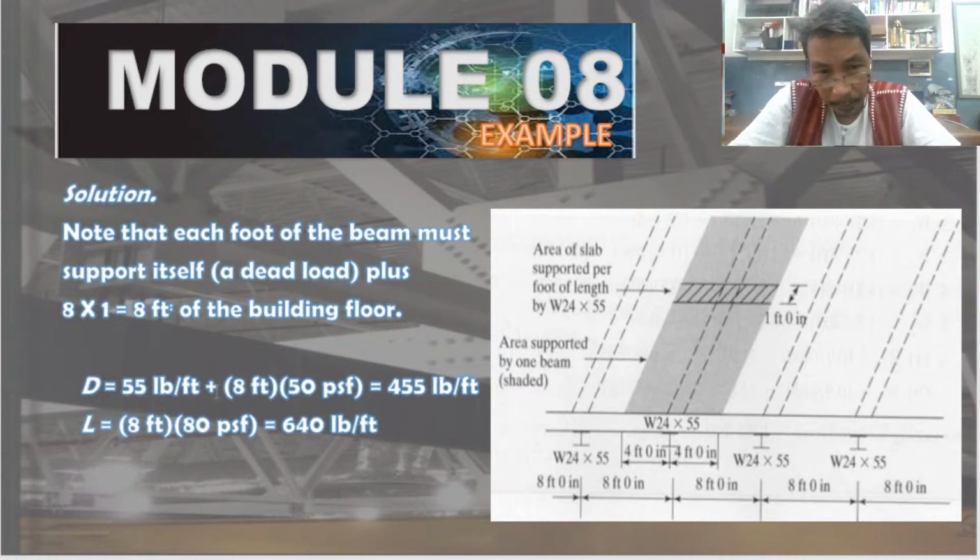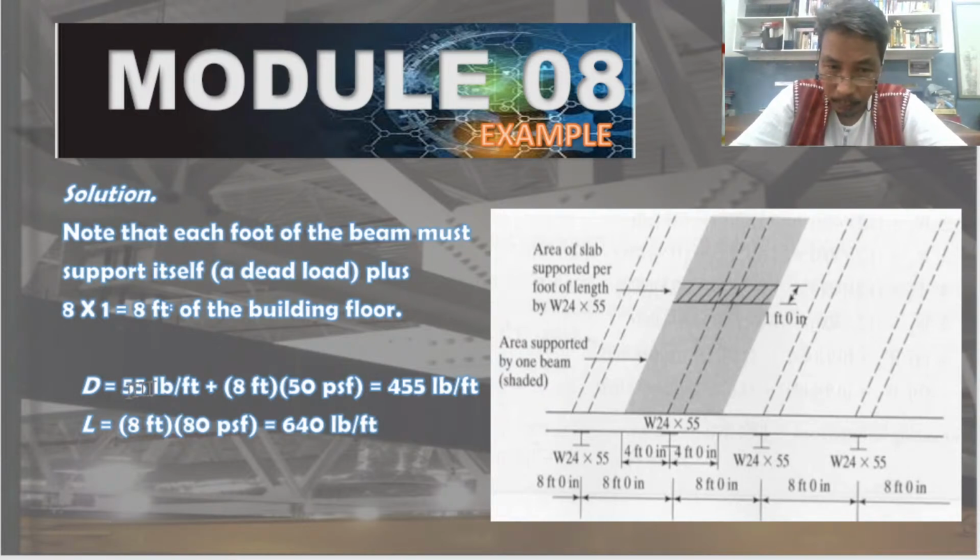Plus 8 times 1, which is 8 feet of building floor, times 50. This 55 is the self-weight of the beam, and 8 times 50 is the exterior load.